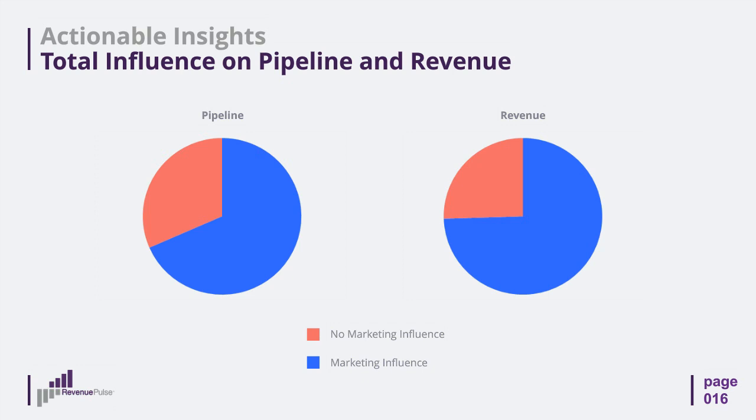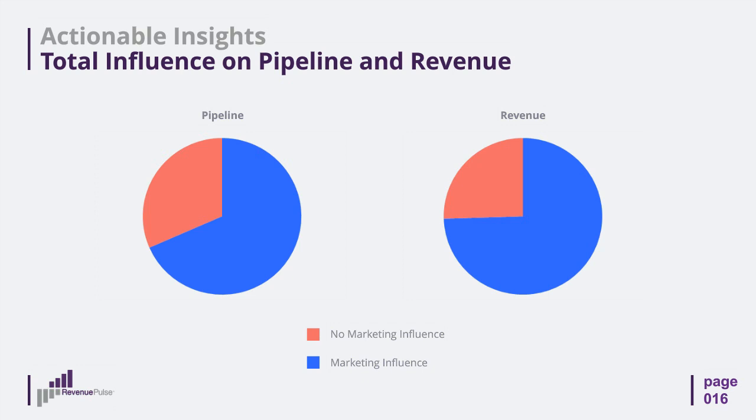What you want to see if you're doing a good job with your marketing is that the pie for revenue has more marketing influence than your pipeline, because that lets you know that opportunities where we have a marketing touch are more likely to be closed as a win as opposed to lost. If you saw that it was less marketing influence, that's where we'd want to take a look at how we can improve our marketing, and that's where some of the reports that we look at next are going to be really important.